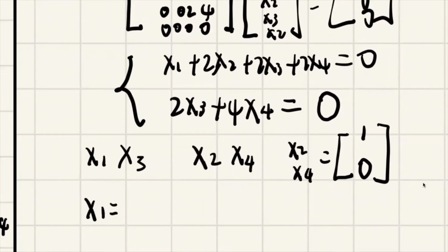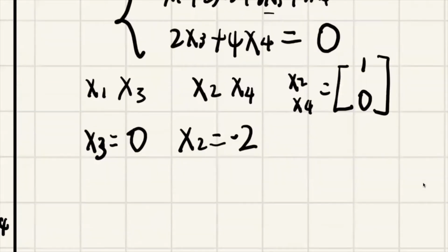Since x4 equals 0, x3 will equal 0, and x1 will equal minus 2. There's something wrong here, x1 is minus 2. So the solution is minus 2, 1, 0, 0.